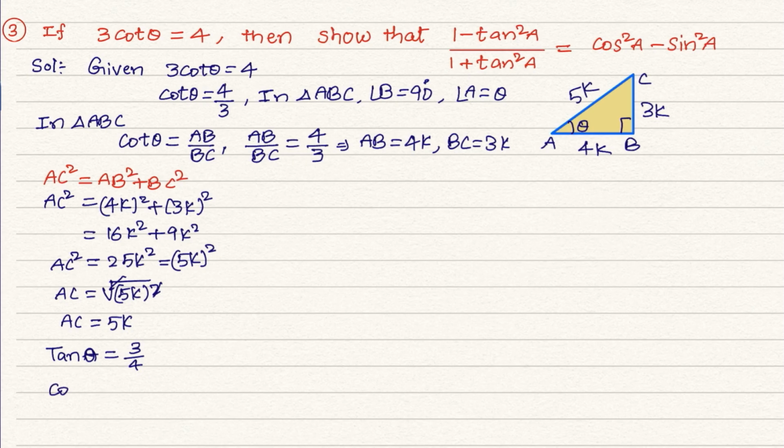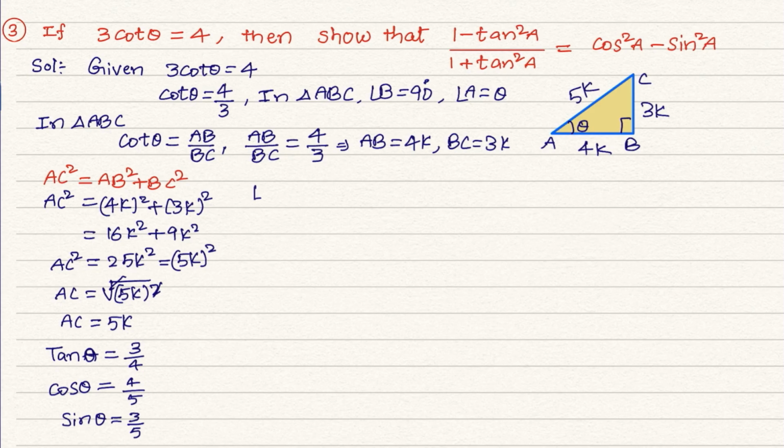And cos theta is equal to adjacent side by hypotenuse. So 4 by 5. And sin theta is 3 by 5. Once we know these three values, we find out what is LHS and what is RHS.